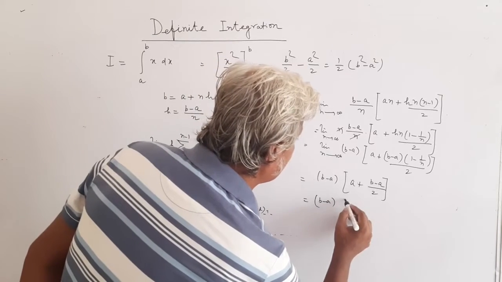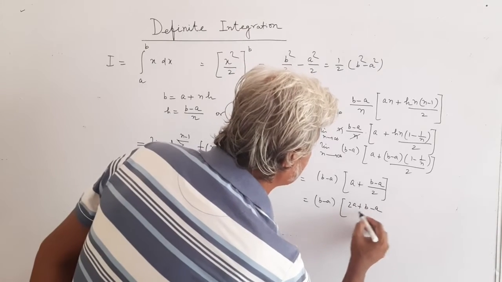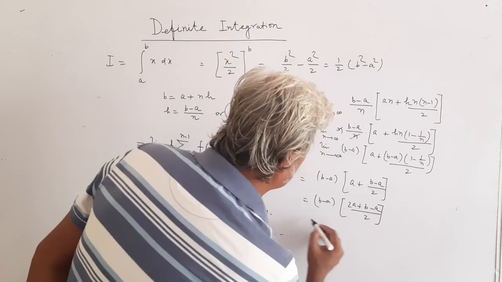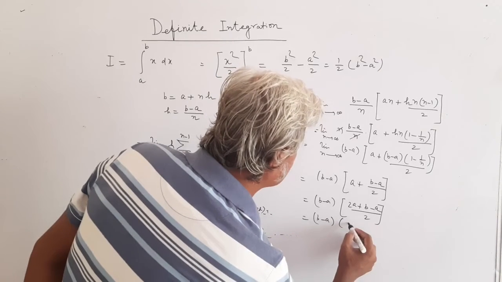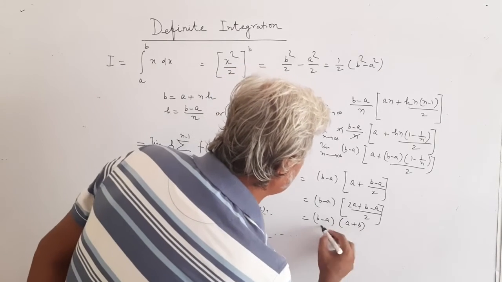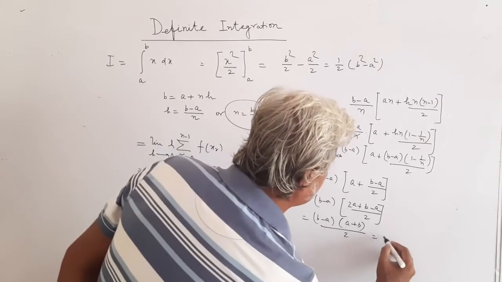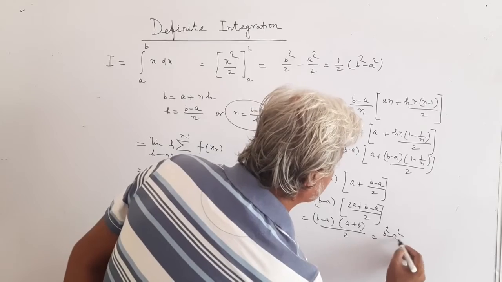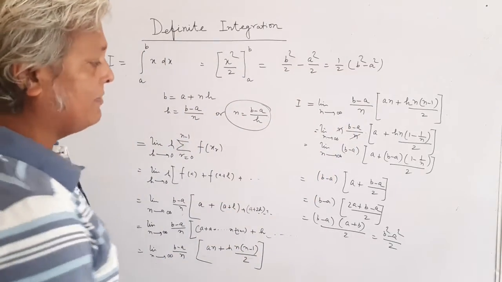This is b minus a times 2a plus b minus a upon 2. This is b minus a times a plus b upon 2, and b plus a into b minus a gives you b square minus a square by 2. Now this is your answer, half of b square minus a square.